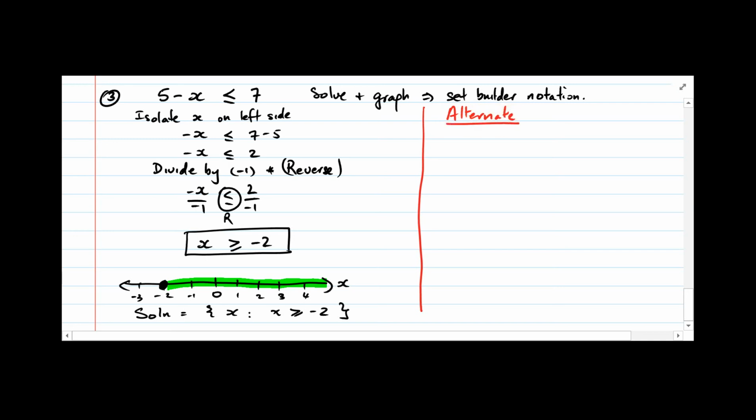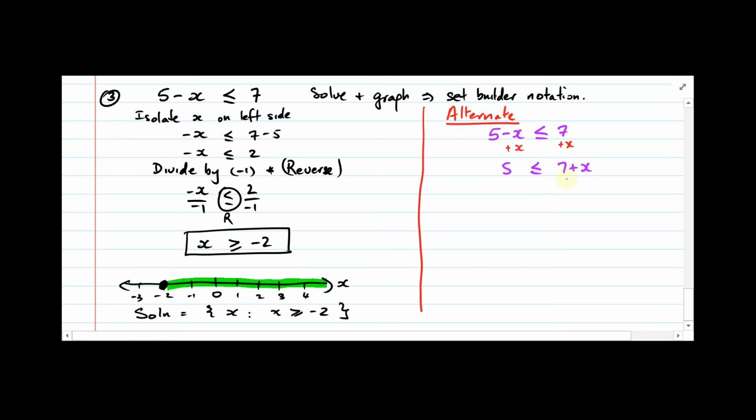Let's look at an alternative way of doing this. We'll start with what is given: 5 minus x is less than or equal to 7. Remember that addition or subtraction does not cause any change in your inequality. Just to remind you from an equation point of view, I'm adding x to both sides, so I would end up with 5 is less than or equal to 7 plus x.